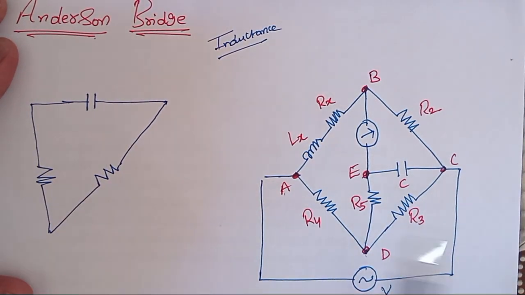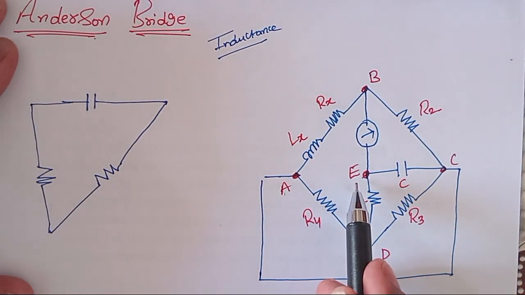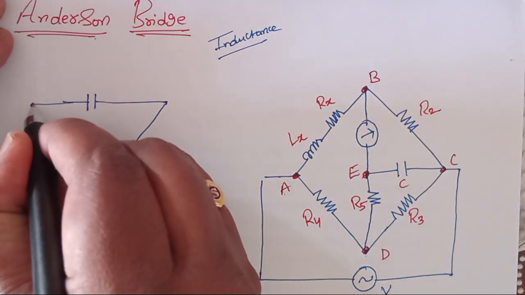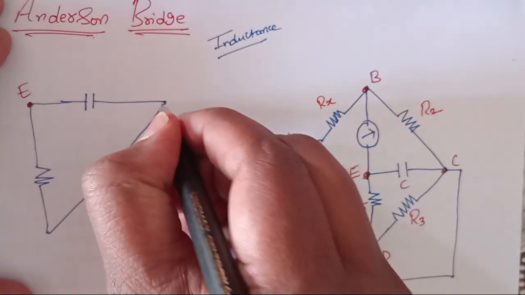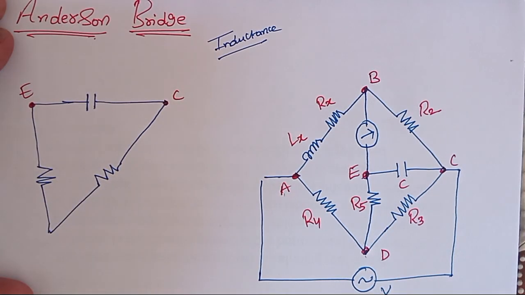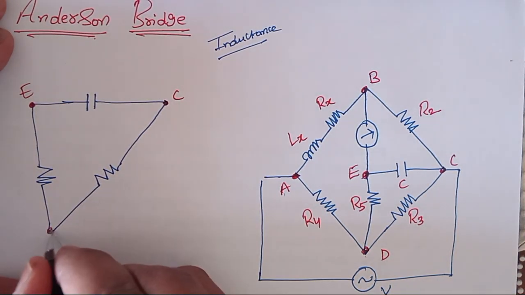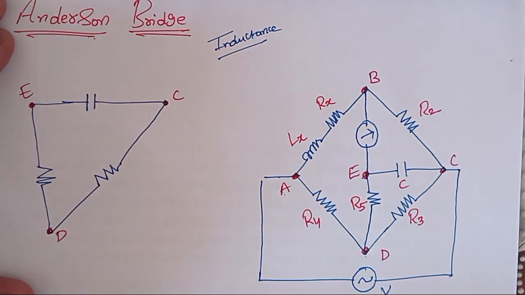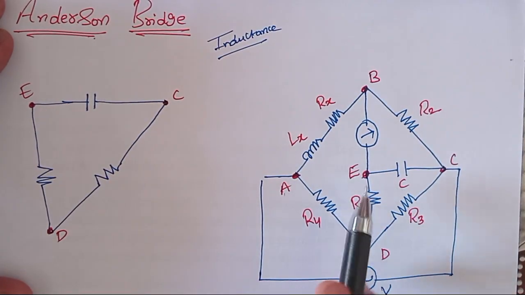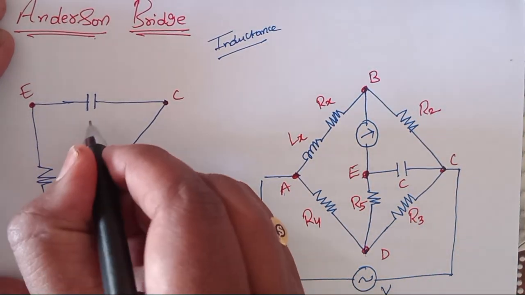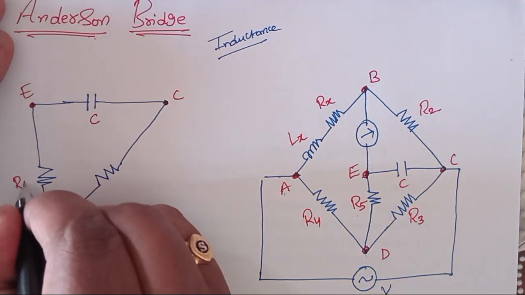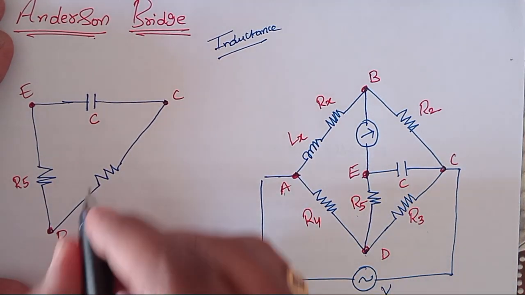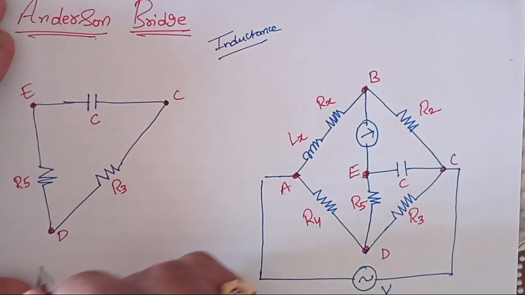The terminal names are E, C, and D. Between the terminals E and C is the capacitor C, between the terminals E and D is R5, and between the terminals C and D is R3.